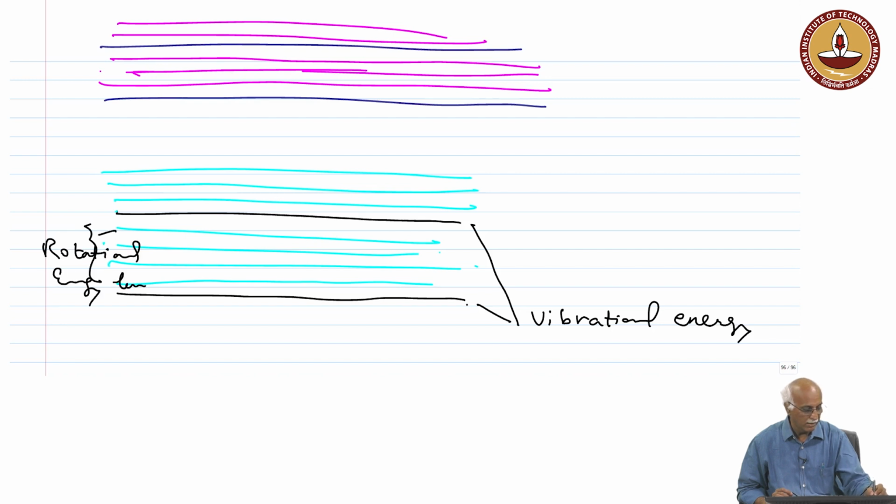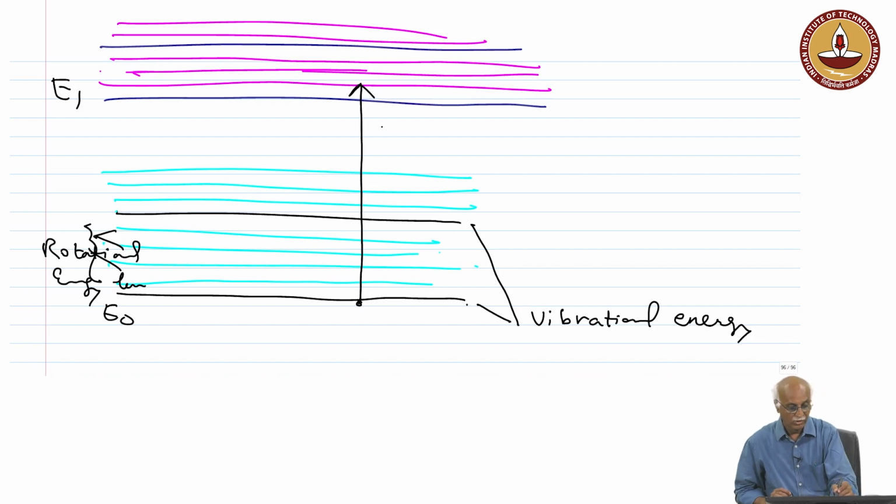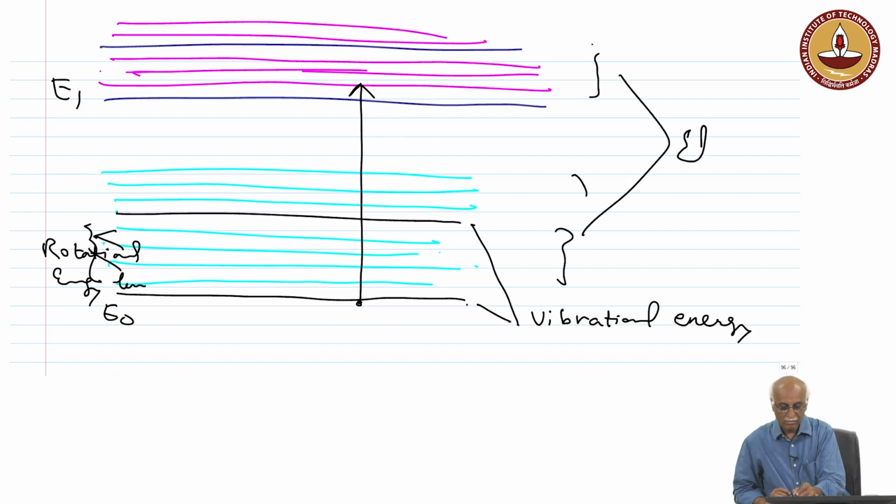These are all rotational energy levels, and this is an electronic transition. Let us say this is the ground level and this is the upper level, and the electronic transition happens over here. An electronic transition can be from here to here, it can also happen. So, this results in an electronic transition.